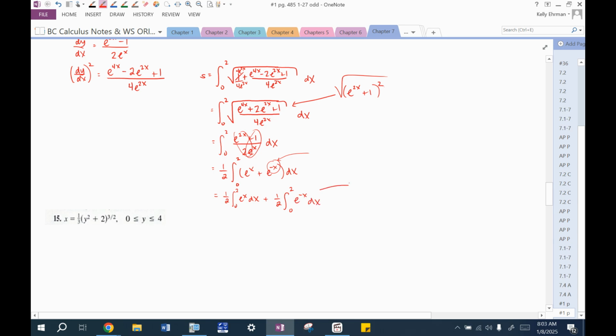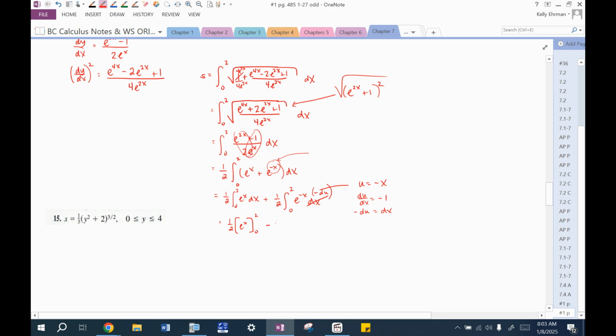So remember, you need to account for the negative inside of the function. So u is negative x, du dx is negative 1. So negative du is equal to dx. So instead of dx, I really have negative du. That means this is going to become a minus right here. So we have 1/2 times e to the x evaluated from 0 to 2.